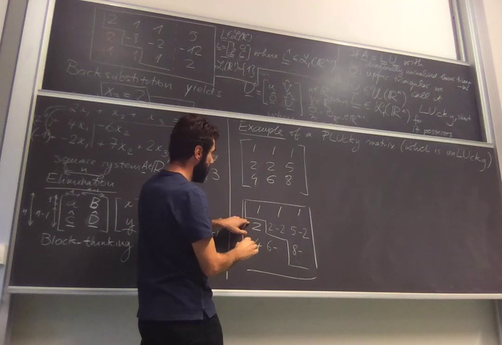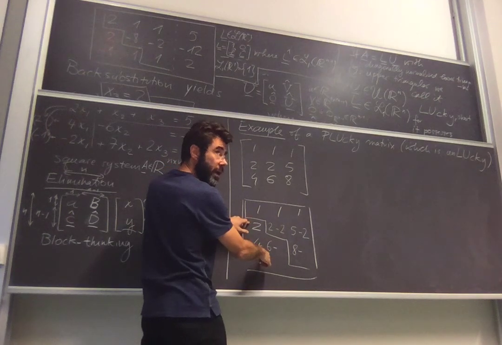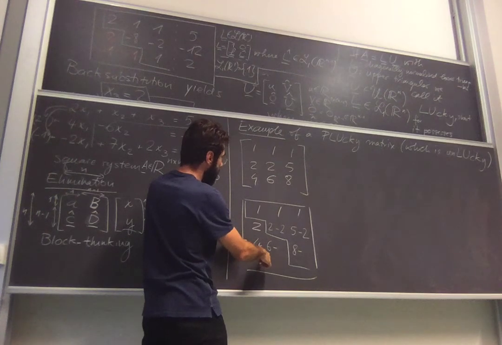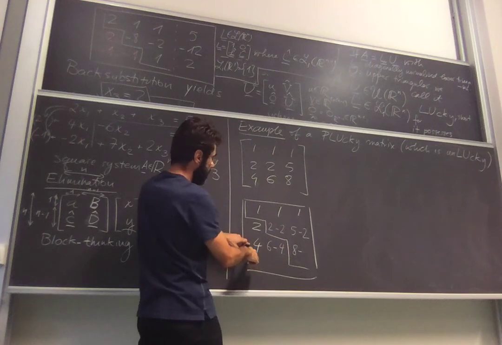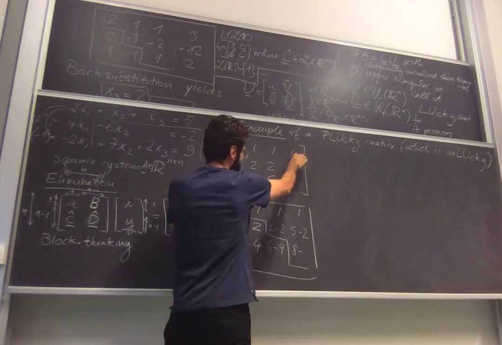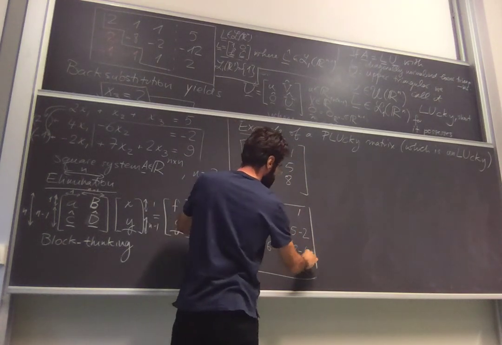And this one here will go away. Now we can keep it. We're multiplying 4 by 1, that's 4, and then 4 by 1, that's 4.